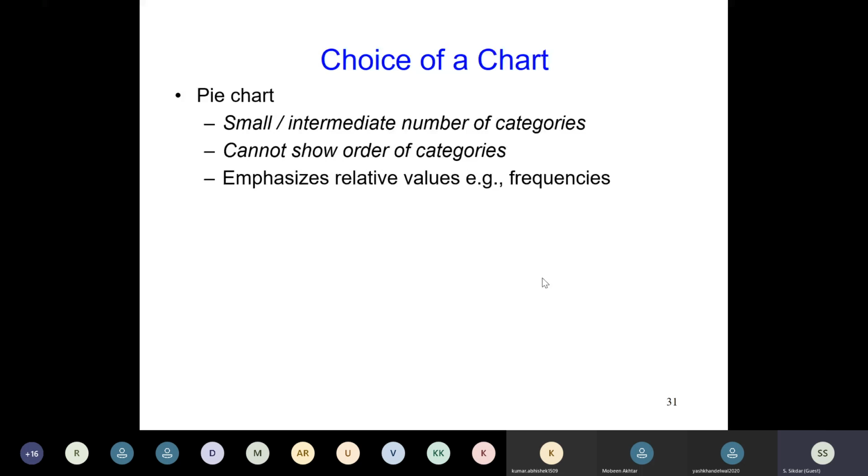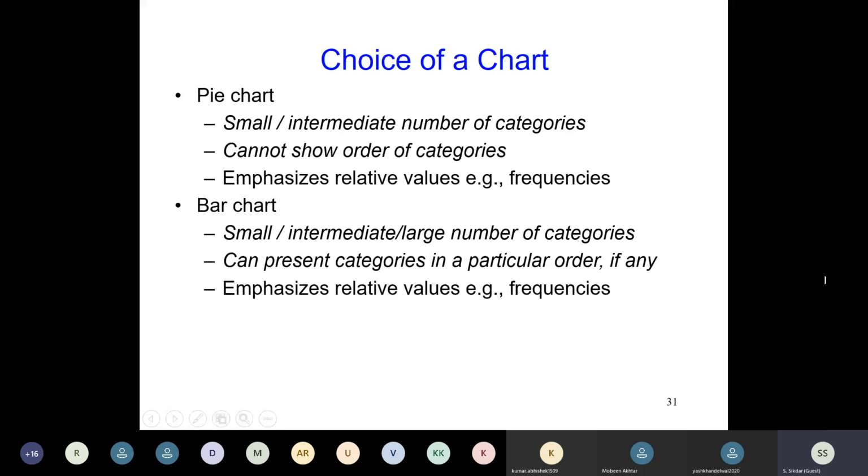A pie chart emphasizes only the relative values, like 29%, 24%, 25%. So the relative values are very clear. Whereas a bar chart also suits small and intermediate numbers of categories, and presents categories in a particular order, if any.